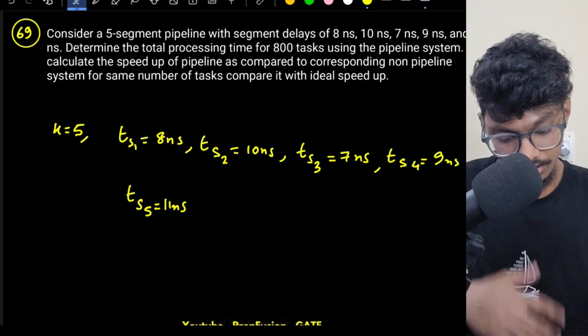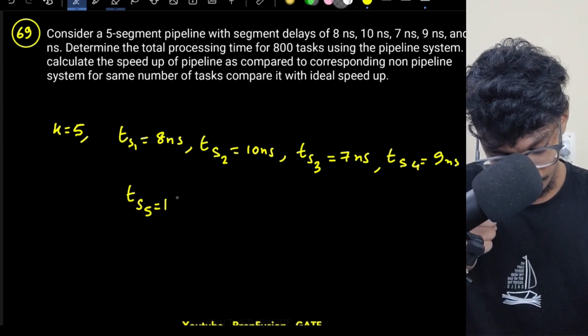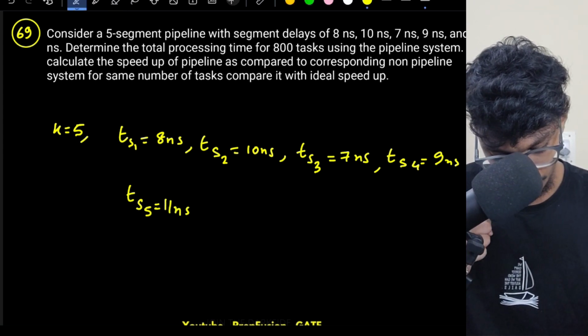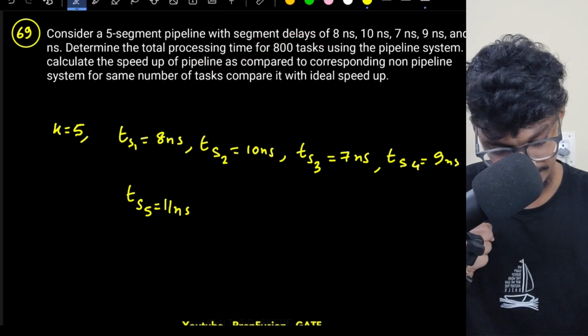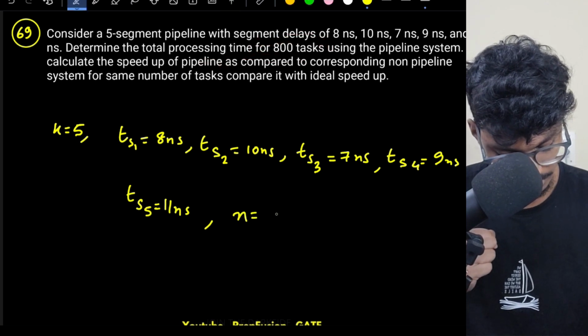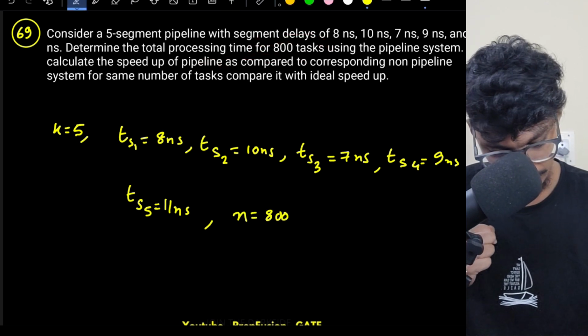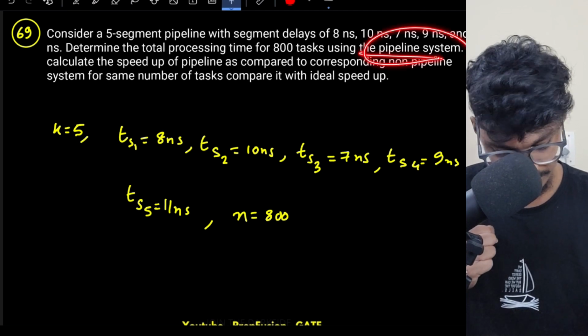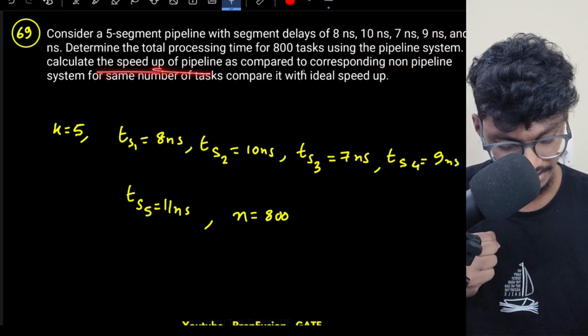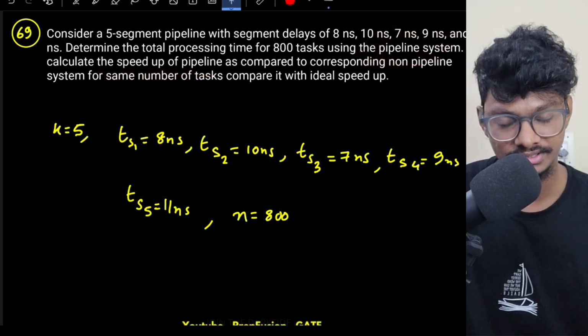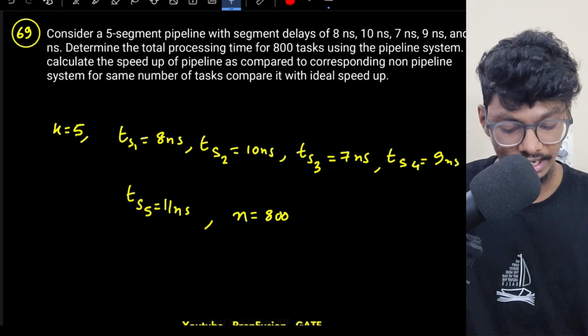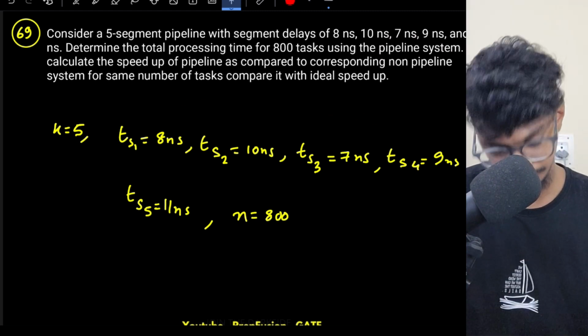We have to determine the total processing time for 800 tasks, so n equals 800. Using the pipeline system, also calculate the speedup of the pipeline compared to the corresponding non-pipeline system for the same number of tasks and compare it with the ideal speedup.